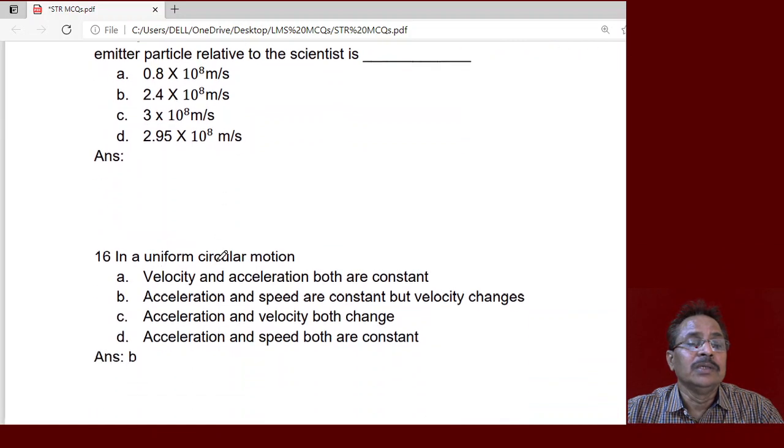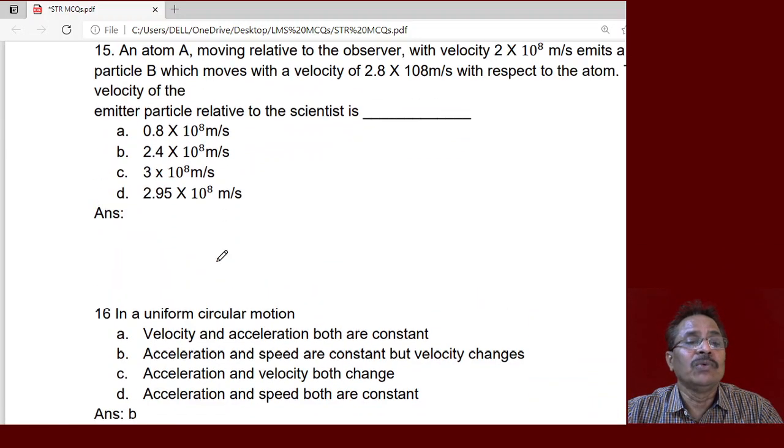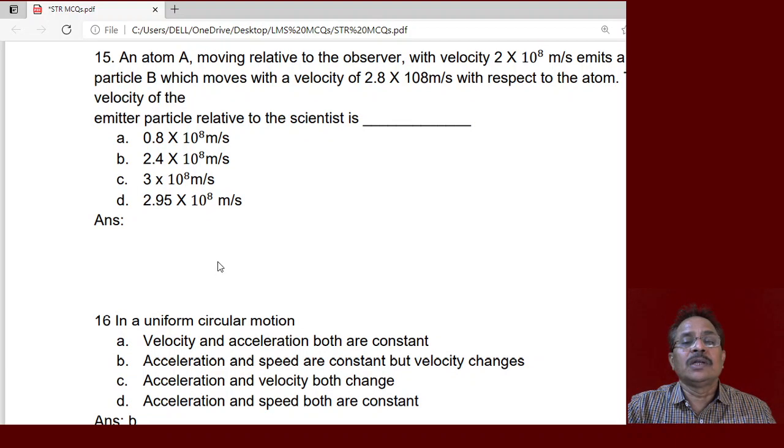Now this is related to the addition of velocities. Question number 15. An atom A moving relative to the observer with a velocity of 2 into 10 raised to 8 meters per second emits a particle which moves with a velocity of 2.8 into 10 raised to 8 meters per second with respect to the atom.